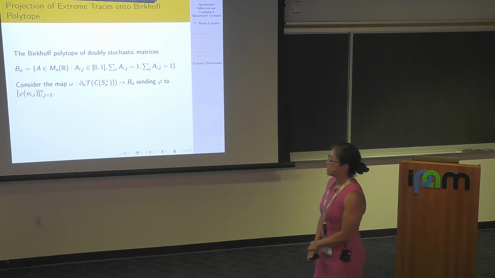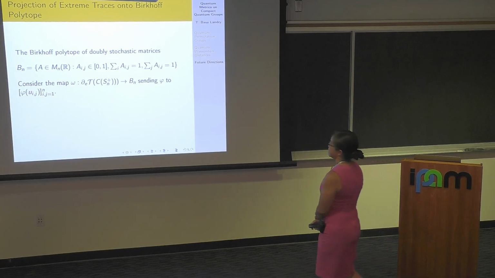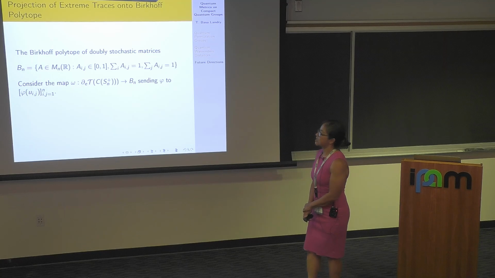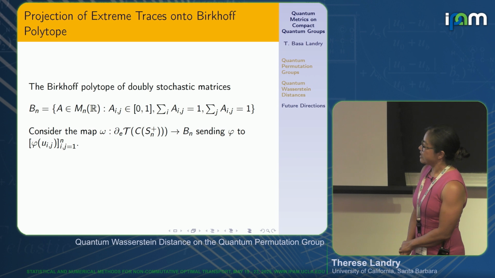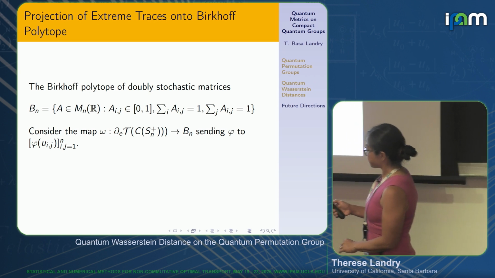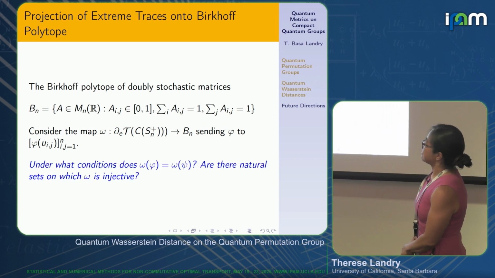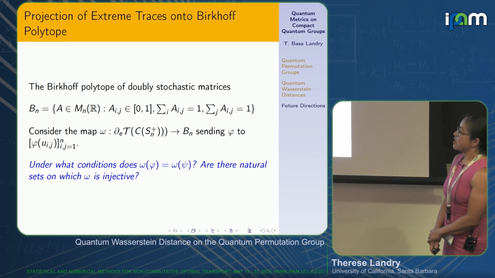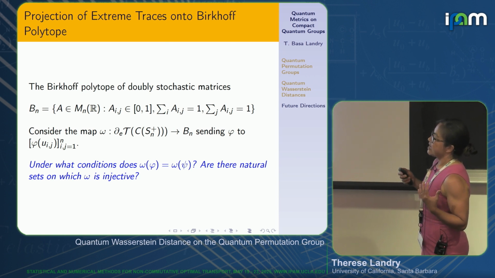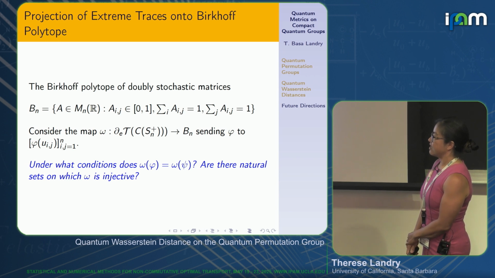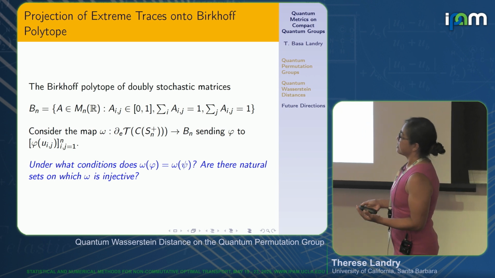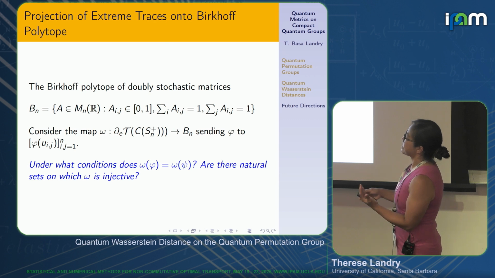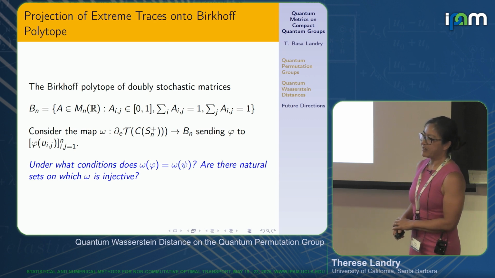There was a presentation about doubly stochastic matrices, the Birkhoff polytope of them, and we wondered under what conditions we could study such a structure in our setting. So that was a question that came up in the course of this program, one that I wanted to point out.